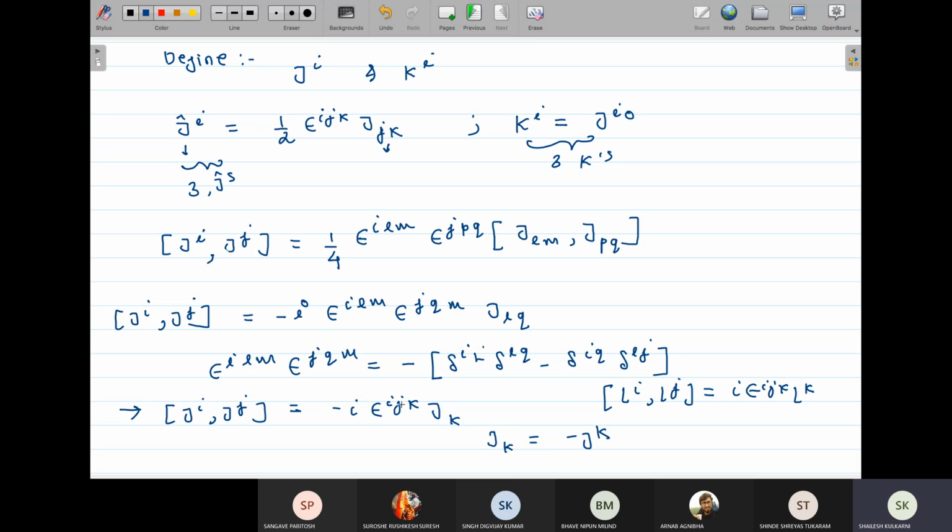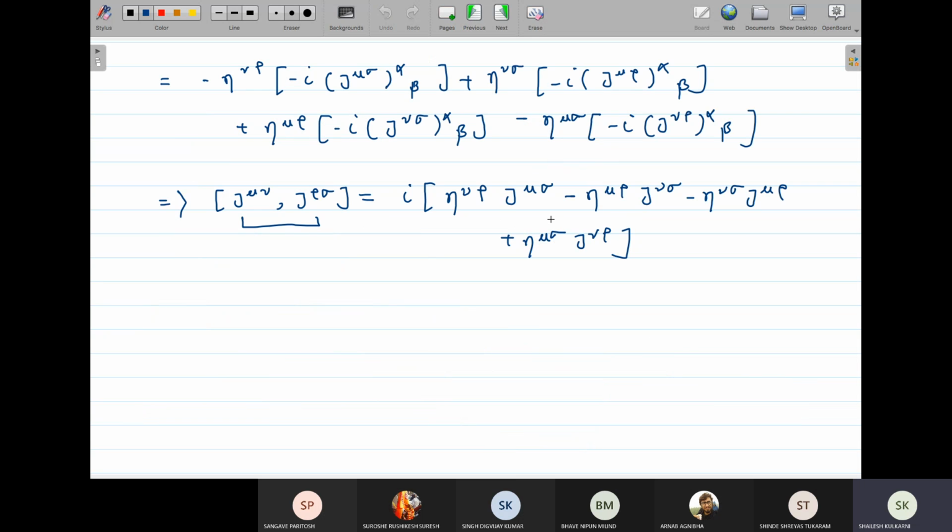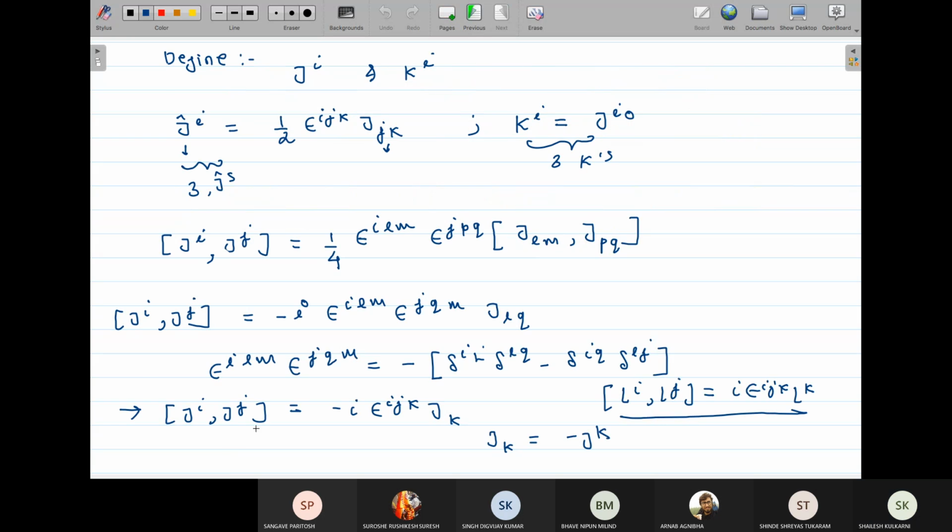So this minus sign will cancel and you will get the usual commutation relation. So part of the commutation relation, the main commutation relation between the generators of Lorentz transformation, is nothing but the usual angular momentum commutation relation. That is not surprising because the rotation group is a part of your Lorentz group.